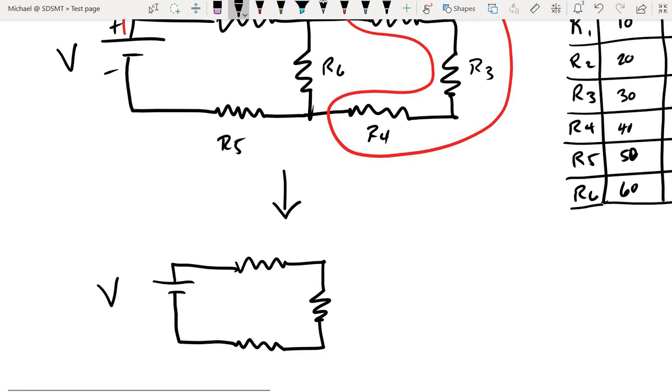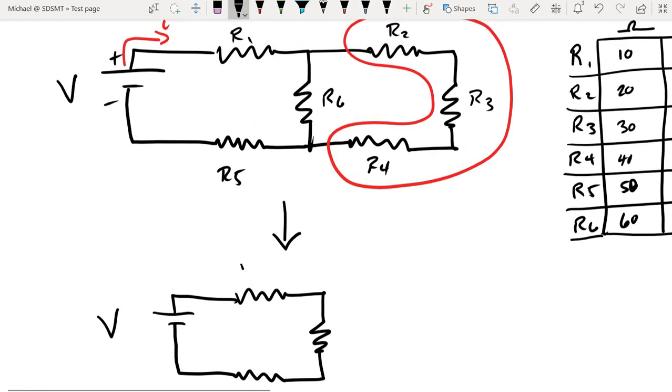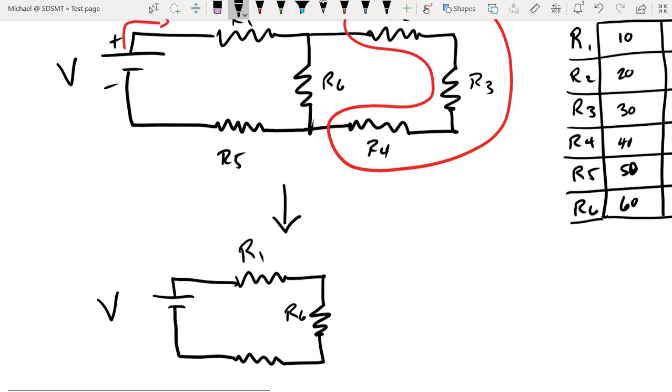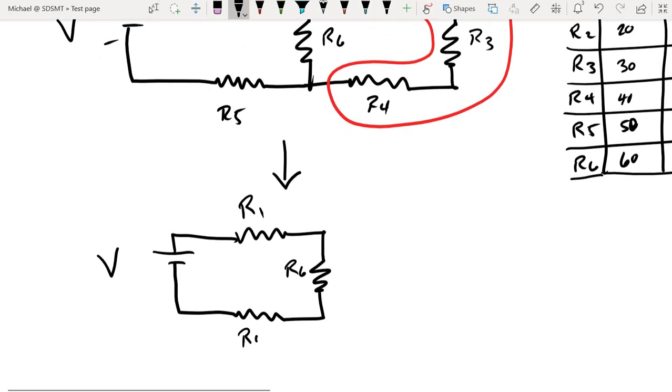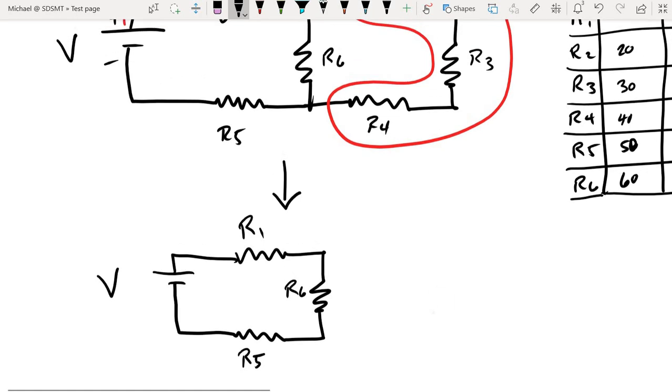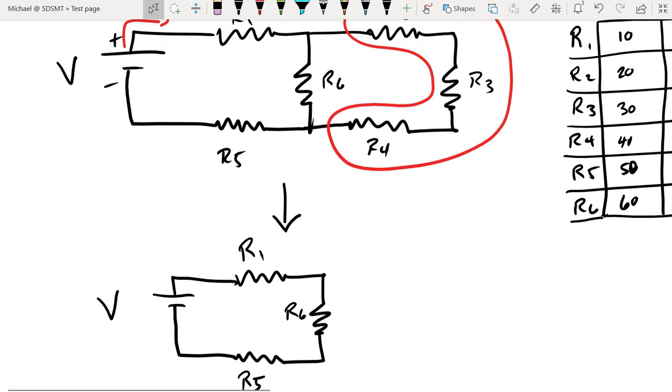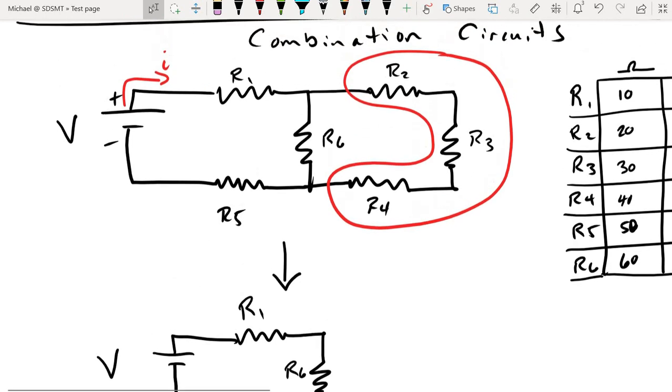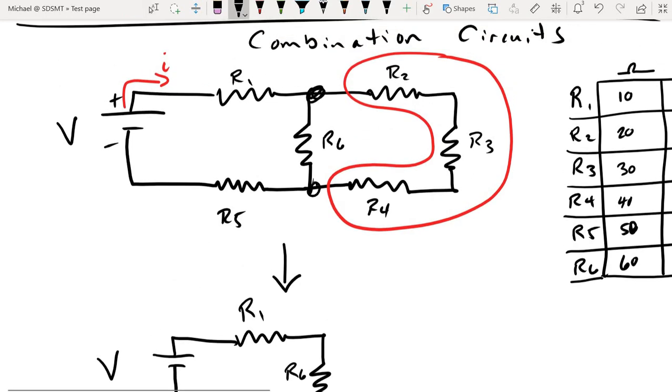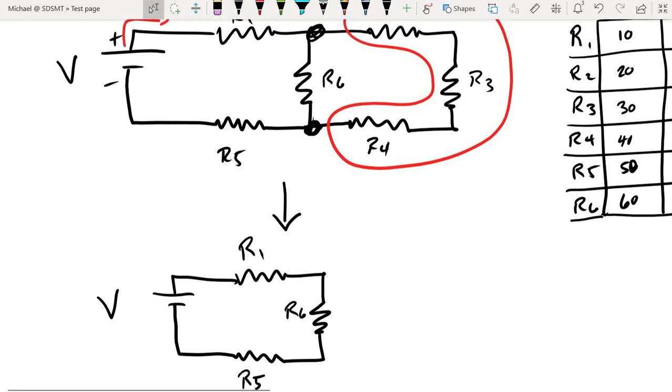Anytime I do any kind of combination in a circuit, I always redraw the picture. So resistors 1, 6, and 5 are going to be exactly the way they were, but now at those two intersections, I'm going to replace resistors 2, 3, and 4 with one resistor that does the same job as what the three of them are doing.